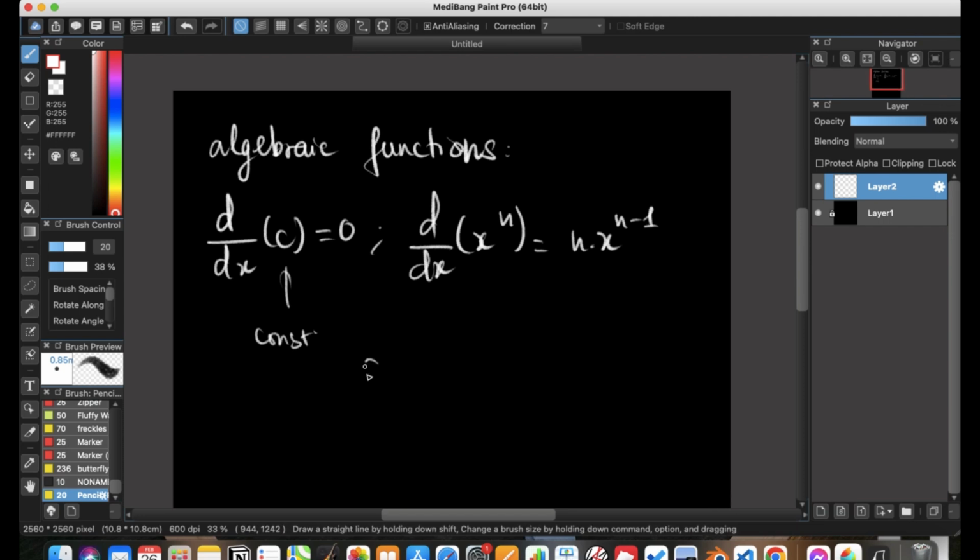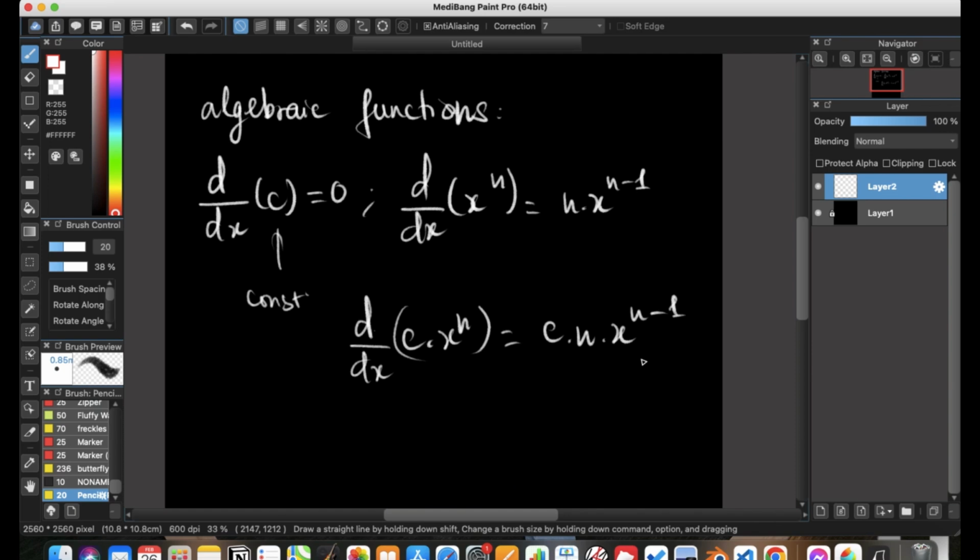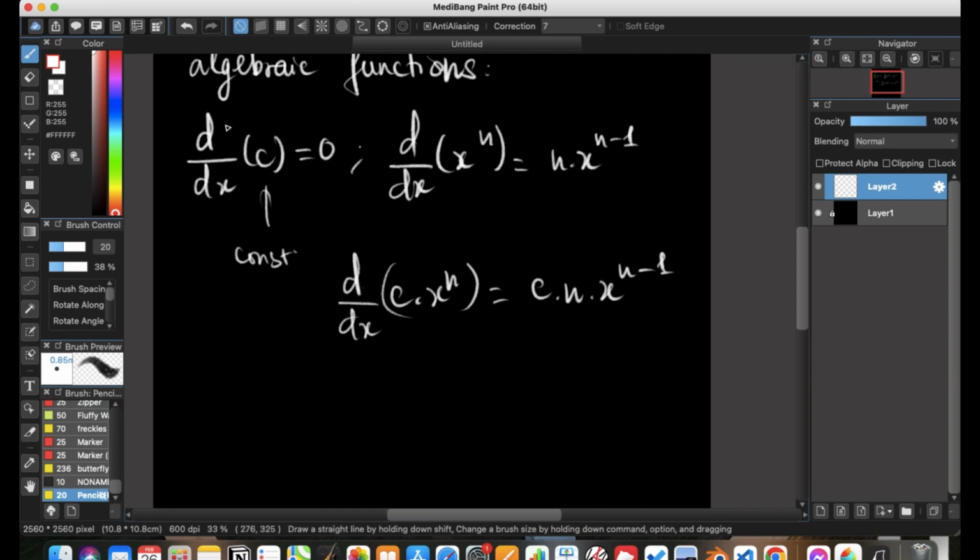And the derivative of c x to the power of n is equal to c n x to the power of n minus 1. So this is what it is for algebraic functions.